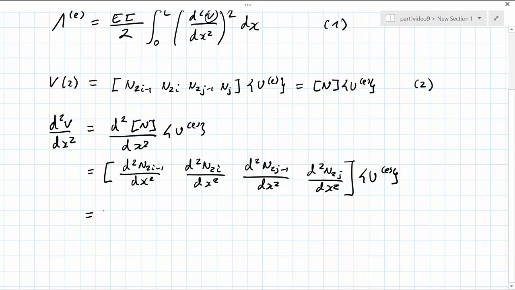We can rewrite this as b1, b2, b3, b4 times the vector ue. b1, 2, 3 and 4 are simply notation that we have assigned to these second derivatives of the shape functions.